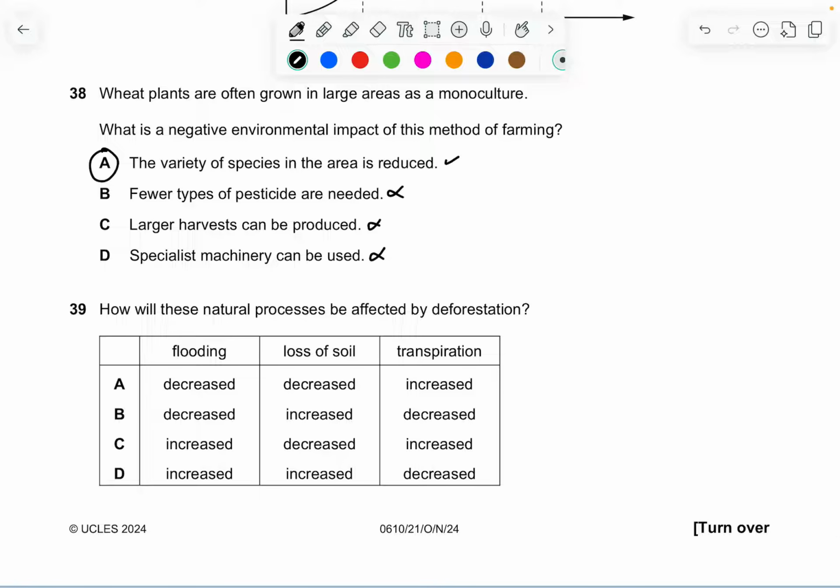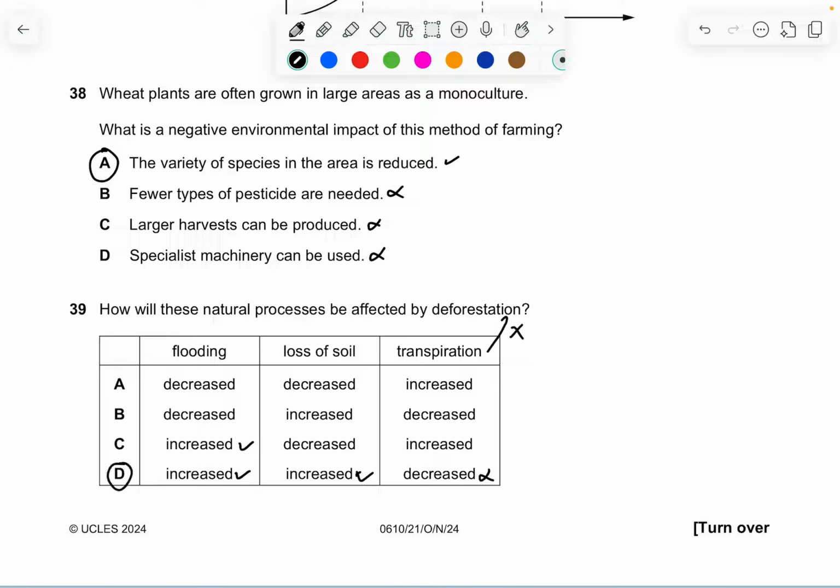Question 39. How will these natural processes be affected by deforestation? When there's flooding, there will be increased deforestation. Loss of soil will also increase. Transpiration decrease? Transpiration doesn't have any effect, because transpiration is a natural process that happens in the plant itself, so it isn't affected at all.